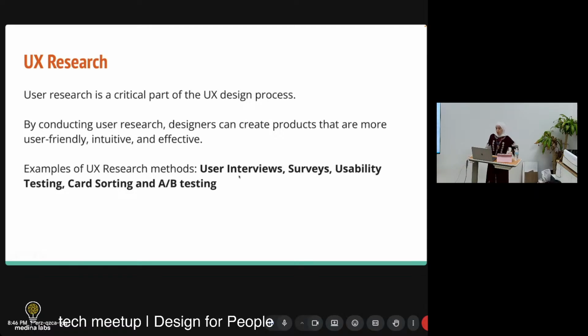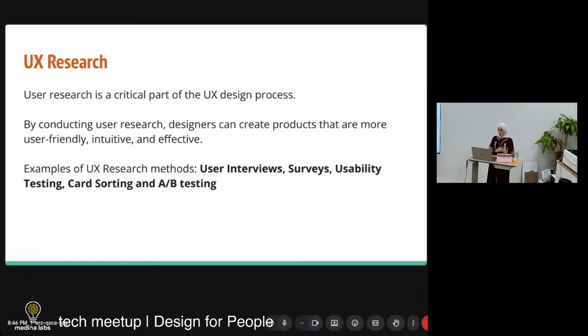With user interviews, it's a one-on-one conversation with the users. You can start with a small number of participants, like 5 to 10 people, and that's enough. That would help you dive deep into their motivations, their frustrations, their needs, and any pain points they have with the product.